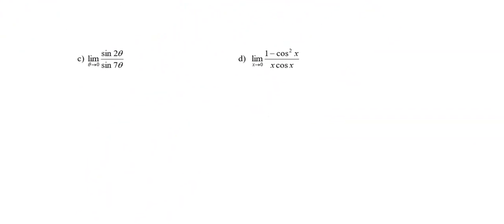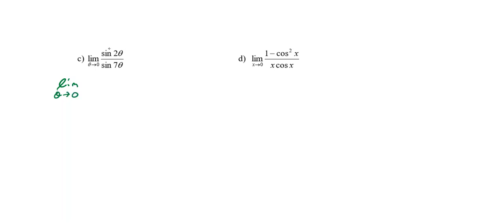All right, so in this one, I think a strategy that we should use here would be to rewrite the numerator and the denominator as sine x over x. So here's what I mean. We'll write this out as the limit as theta approaches 0.